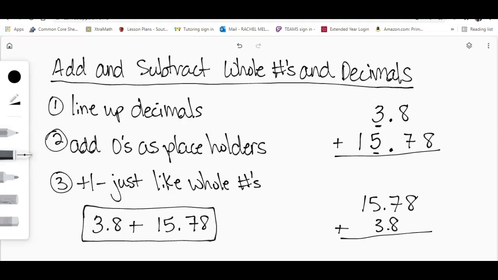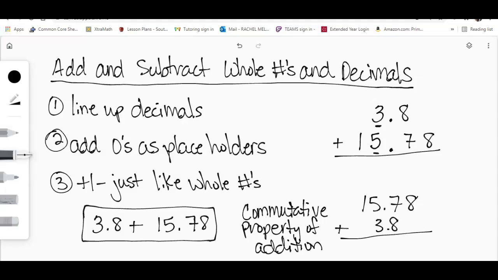And that's the commutative property of addition. It says that I can put them in either of these orders and I still get the same answer. So I lined up my decimals. Now I need to add zeros as placeholders.